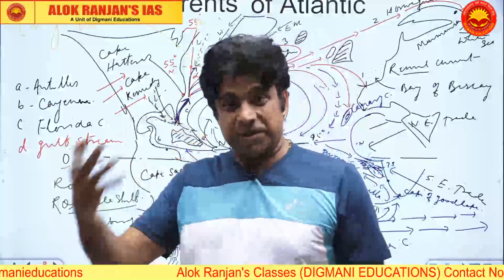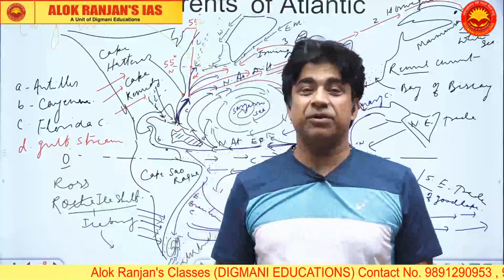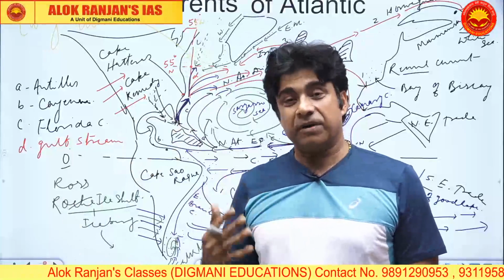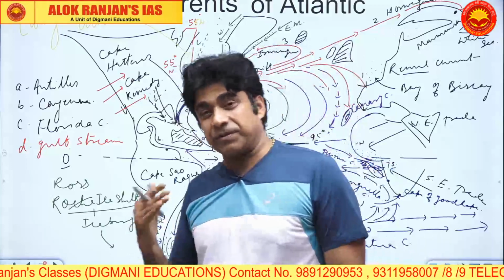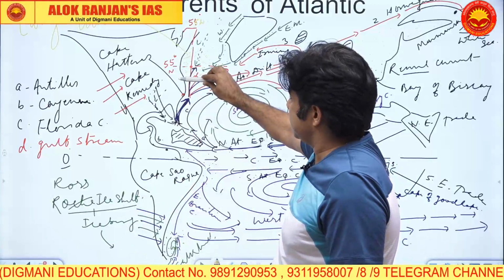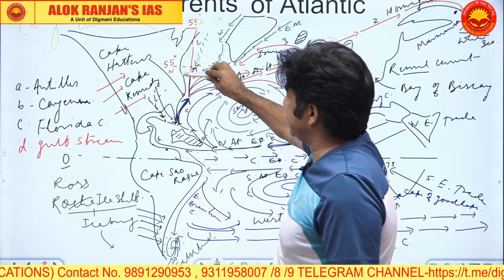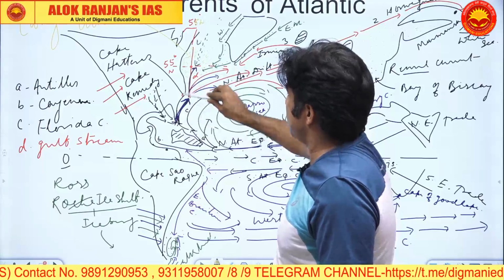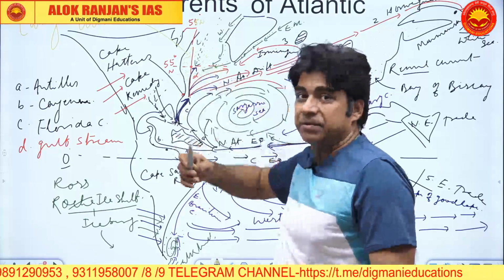If we go for a deeper study, Gulf Stream has the highest velocity among all the currents, because the pressure gradient force is maximum along this region, along 50 degree to 45 degree. The pressure gradient in the ocean is maximum, because here you have the warm water and here the cold water meeting in this zone, so the gradient will be much more.